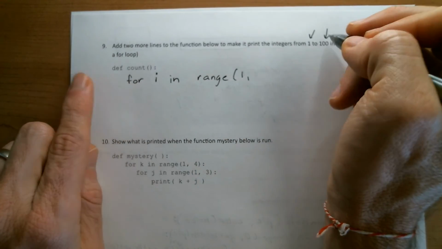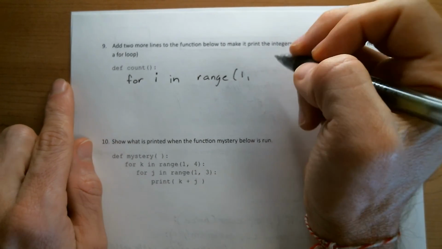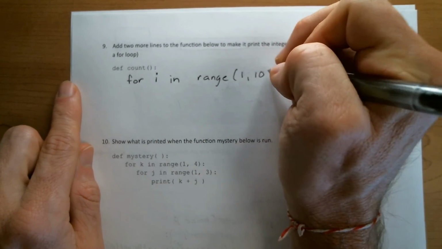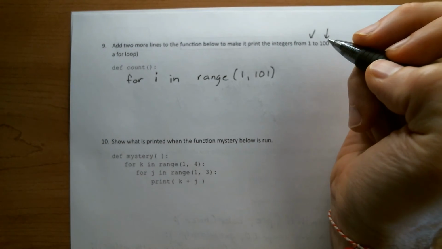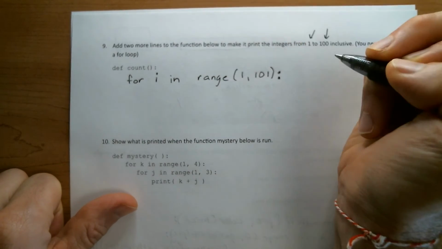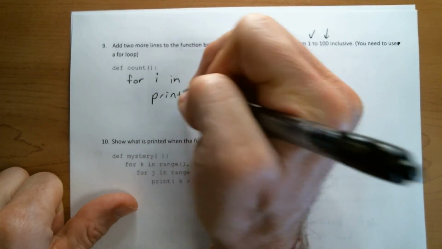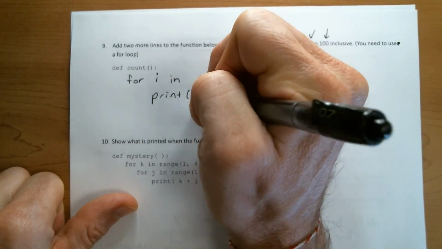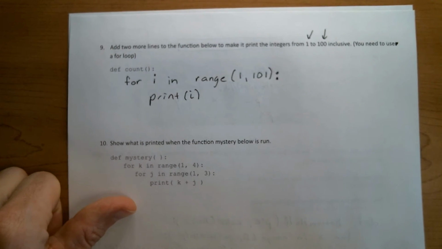And then if I actually want it to print out the number 100, I can't do 1, comma 100 because that will only go from 1 to 99. I have to go to 1, comma 101. That will give me what I need. And then I have to use my colons. And then to indent inside of that, I would just say print i. All right, so those would be the 2 lines to do that.